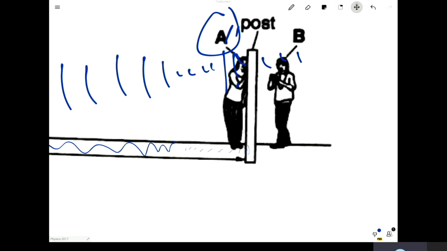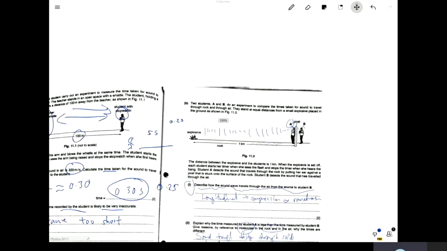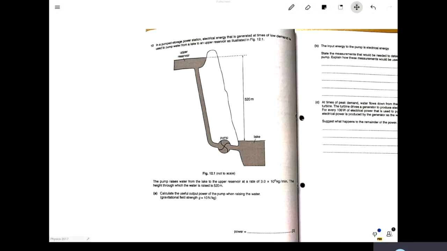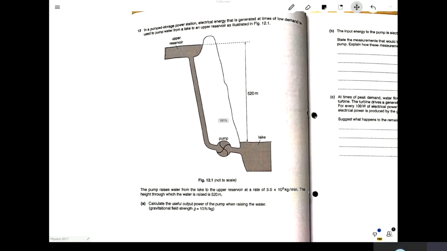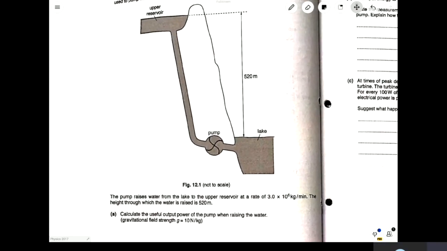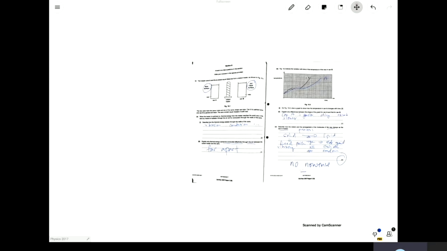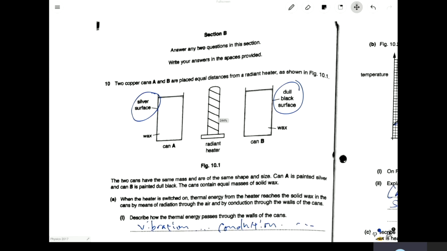We still have question number 12. Where is question 12? Okay, question 12. Wow, this looks so difficult. This one is quite hard. Wait, do you get a choice here? Yeah, you do. Then just choose the first two, right? Choose any two. So we are done with two.